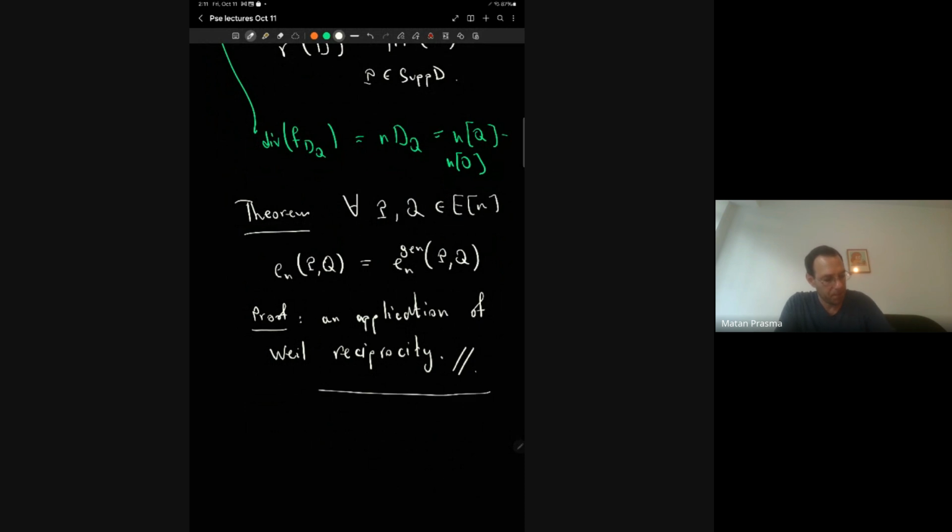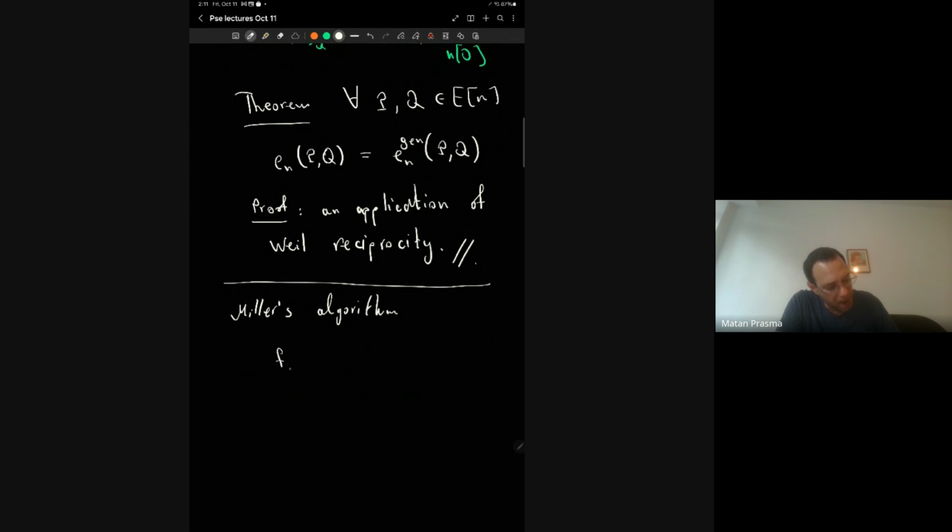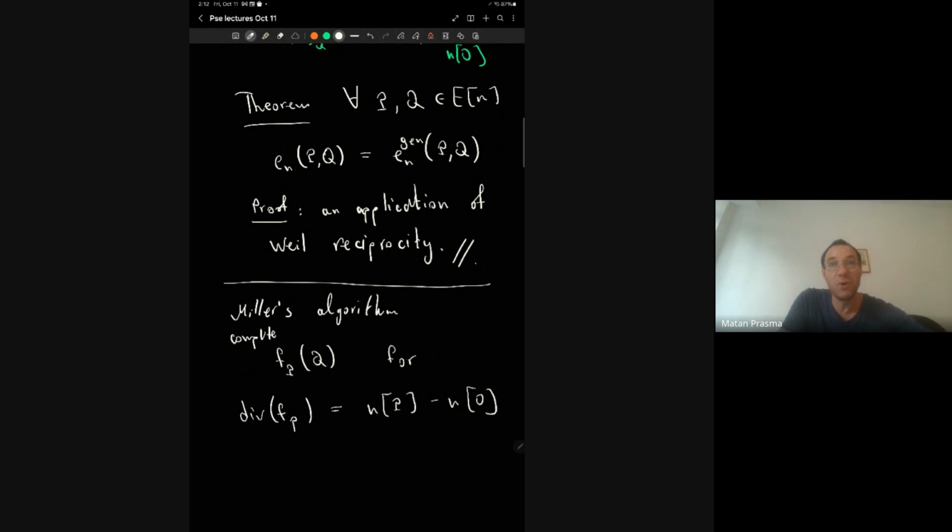Essentially, Miller was able to come up with an algorithm to compute FP evaluated at Q, for FP that has a divisor NP minus NO. And he sent it to a lot of journals.